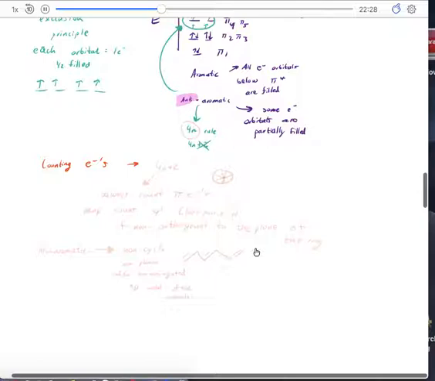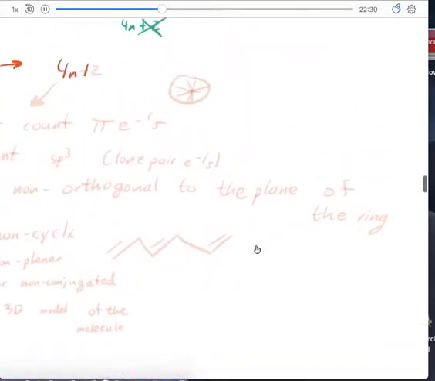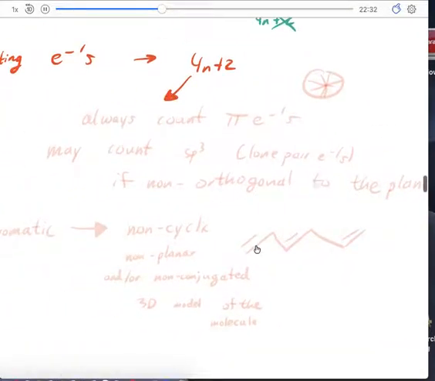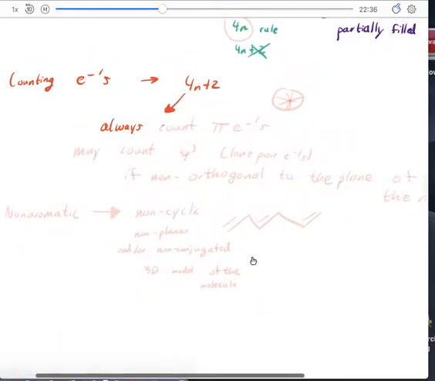So, counting electrons for 4n plus 2. We always count pi electrons. Why do we count them? Because they're sweet. Think Pac-Man or turkey or whatever.